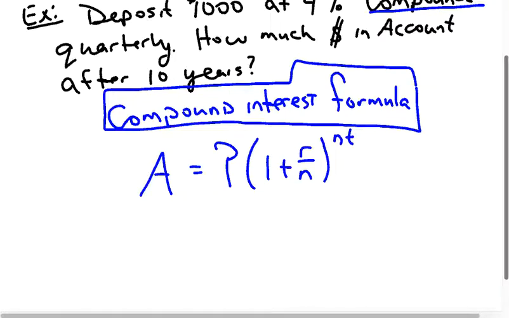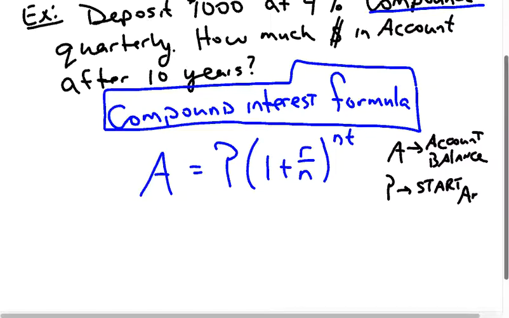Each one of these letters has a purpose. A is the account balance. P is the starting amount. R is the rate of interest. Okay, make sure we make that into a decimal.